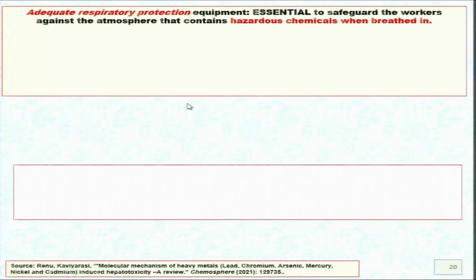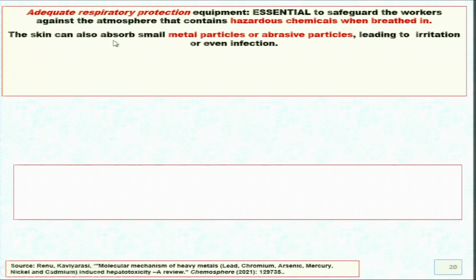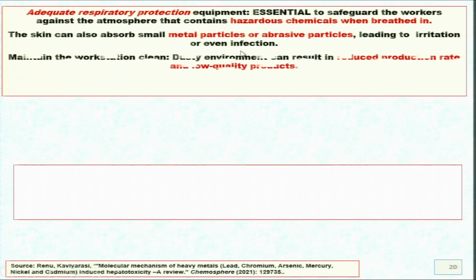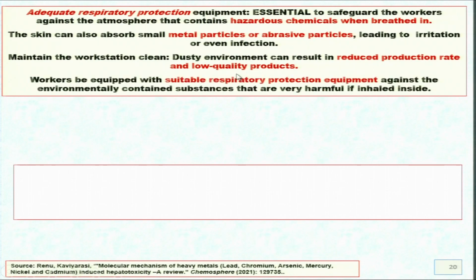Adequate respiratory protection equipment should be established there, essential to safeguard the workers against the atmosphere that contains hazardous chemicals when breathing in. The skin can also absorb small metal particles or abrasive particles, leading to irritation or even infection. This is a quite common problem. Maintain the workstation clean. A dusty environment can result in reduced production rate and low quality products.